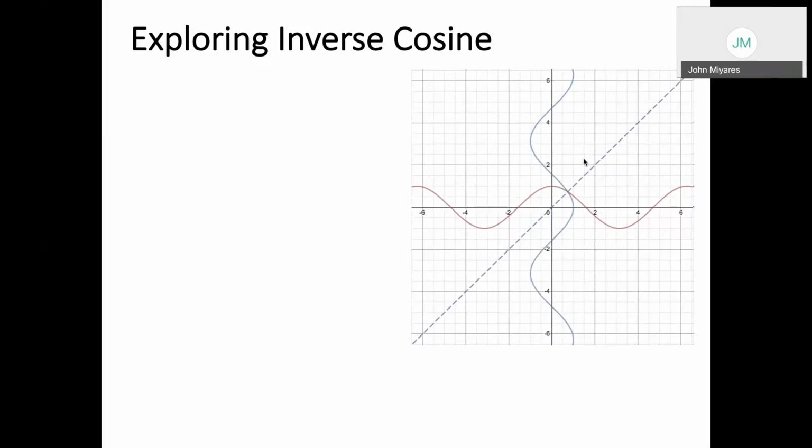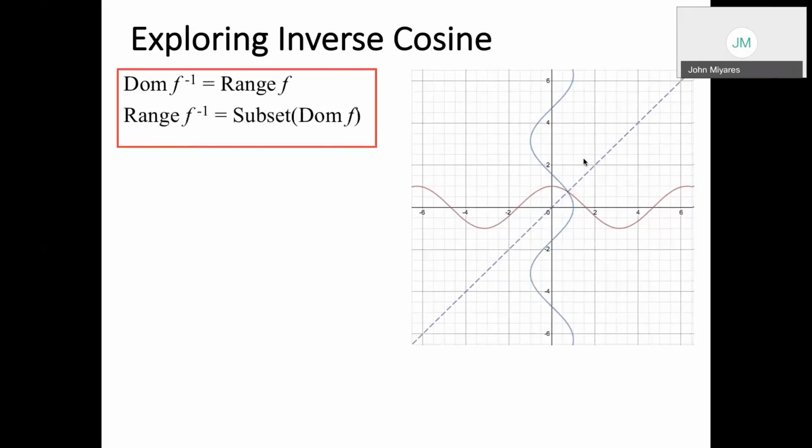Again, just like the sine graph, it's going to fail the vertical line test. So we must cut things off in a way to get the domain of the inverse cosine to equal the range of the cosine, and the range of the inverse cosine to be some subset of the domain of the cosine function. So the domain of the inverse cosine function will run from -1 to 1.